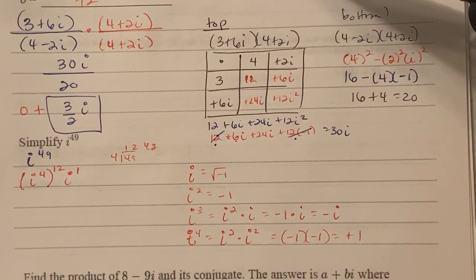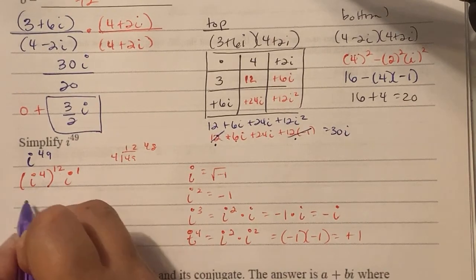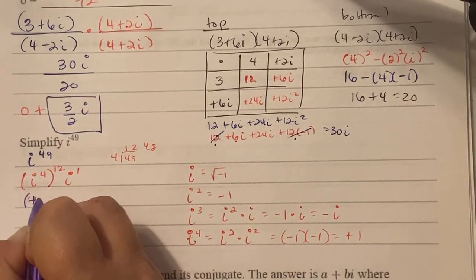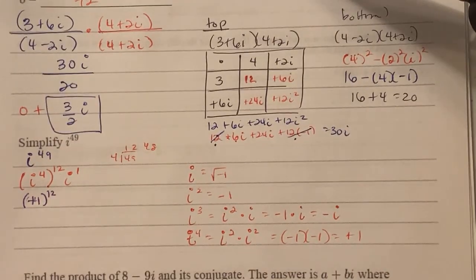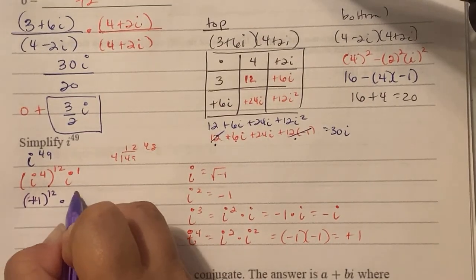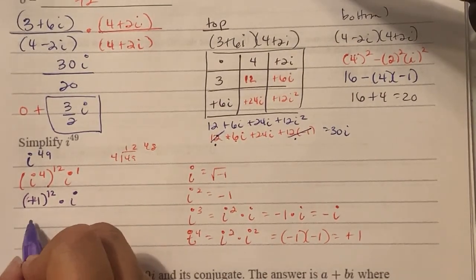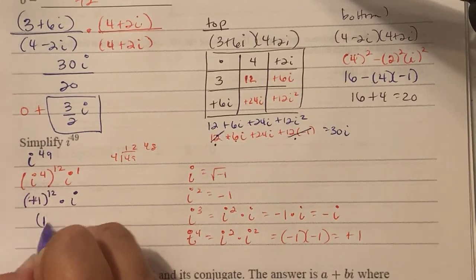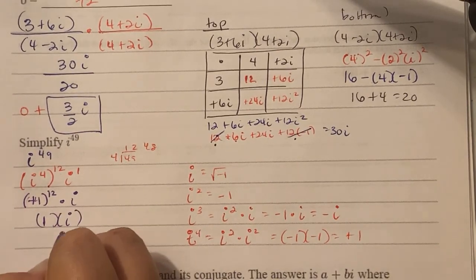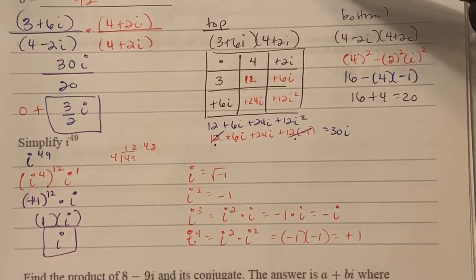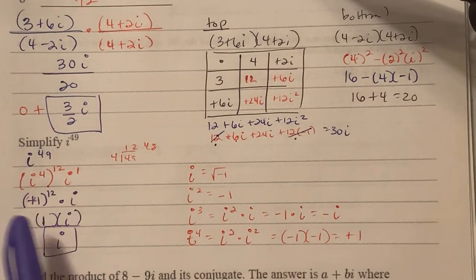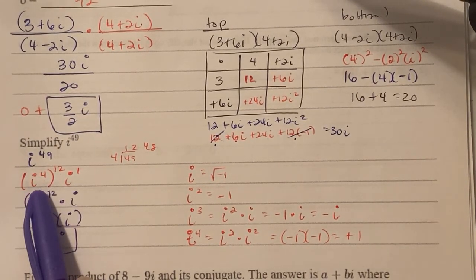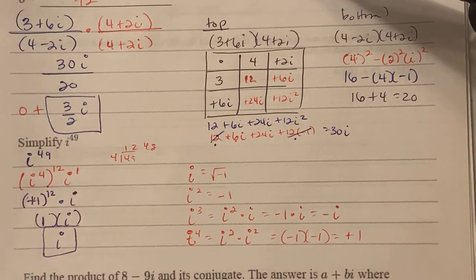The reason I did i to the fourth is because i to the fourth is the value of 1. The positive 1 raised to a power of 12 times an i value. So 1 times itself 12 times is still a 1 times an i, so your answer is i. And it works with any of them. As long as you use i to the fourth power, see how many times that 4 goes into the exponent value, and you can change it that way.